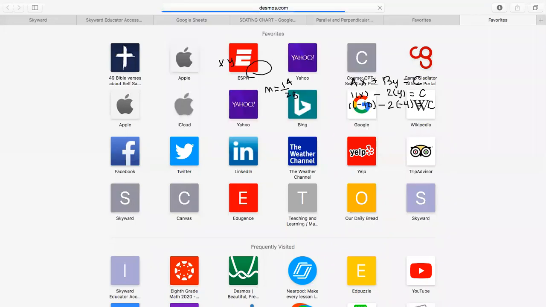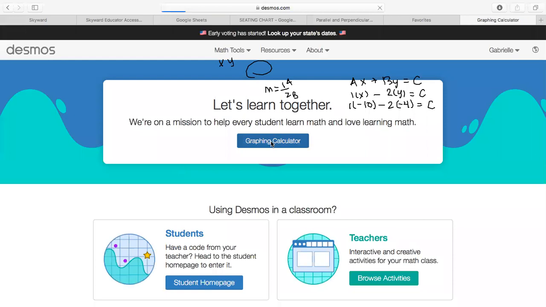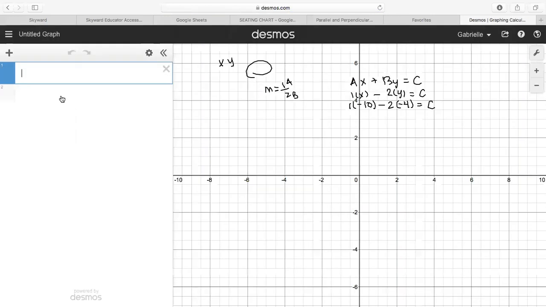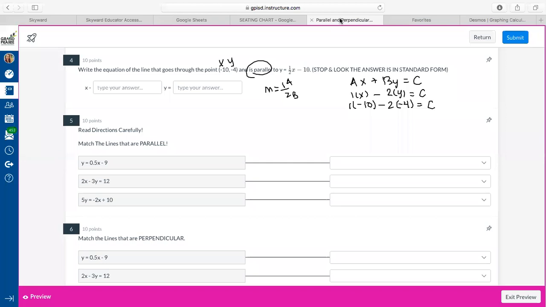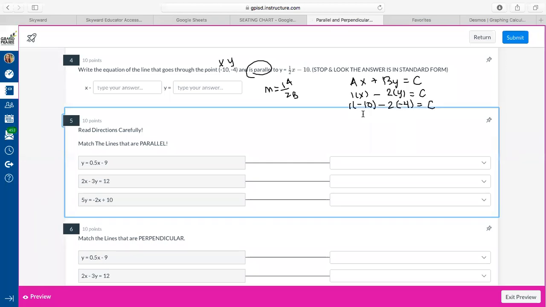Let's see, Desmos. 1 times -10 minus 2 times -4 is -2. So -2 equals C.